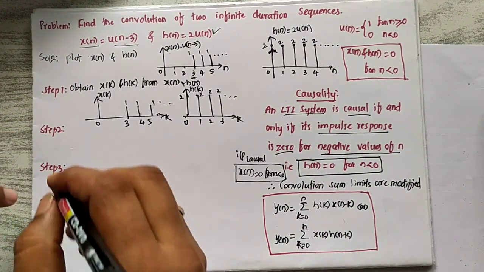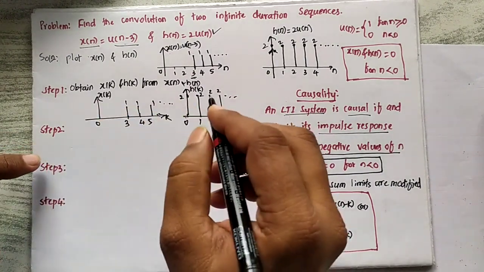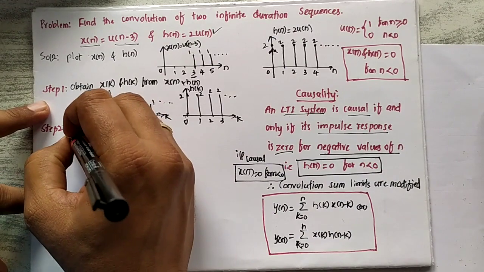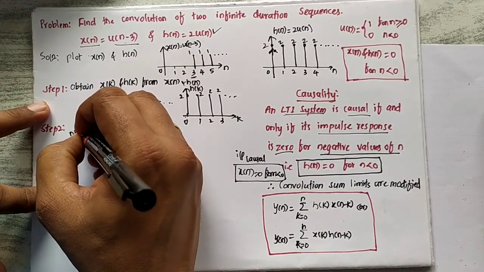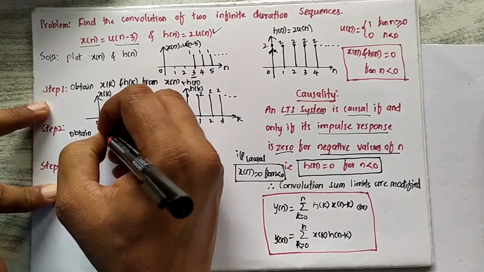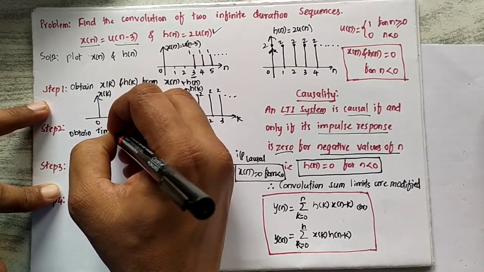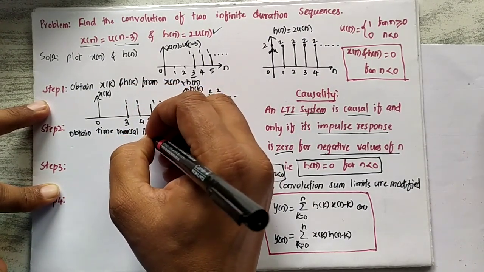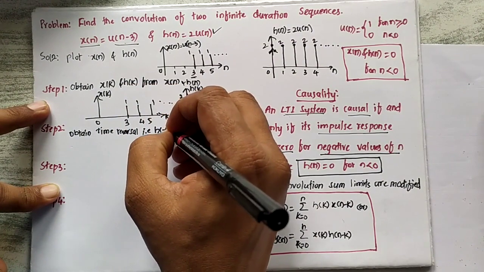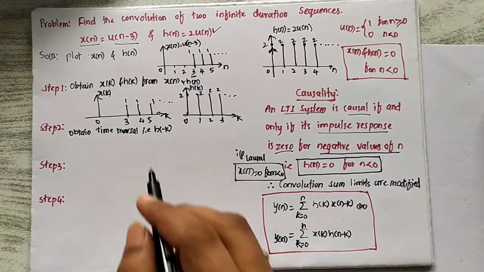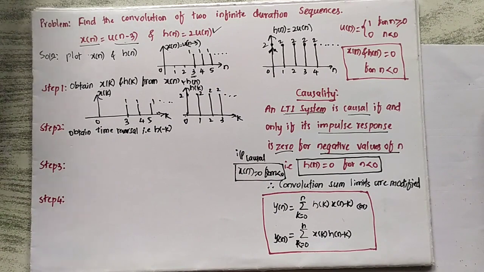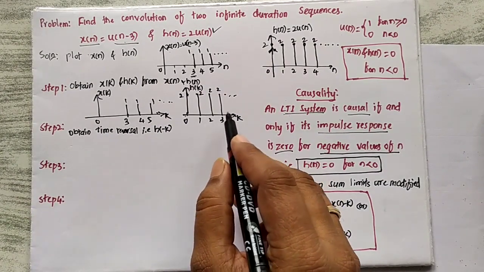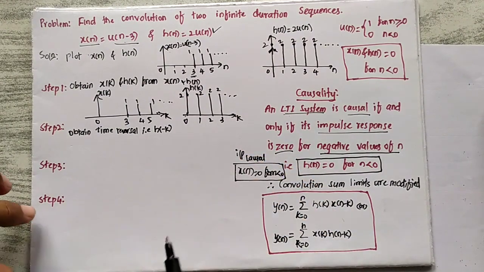Okay, so what is the step 2? Whatever h of k is there, we have to take its time reversal. Okay, so obtain the time reversal, that is h of minus k. So h of minus k says whatever the values of k exist for the original signal, now they have to be negated.